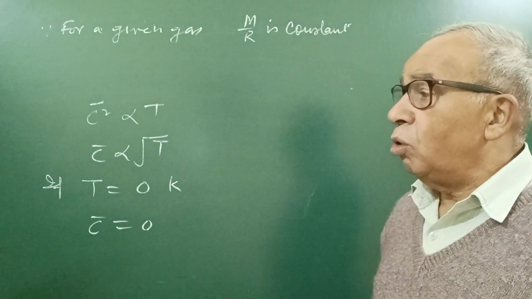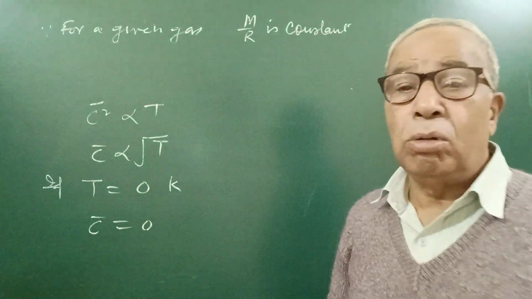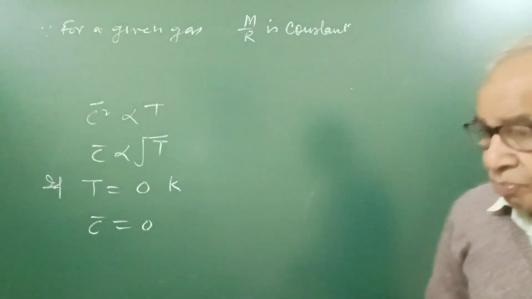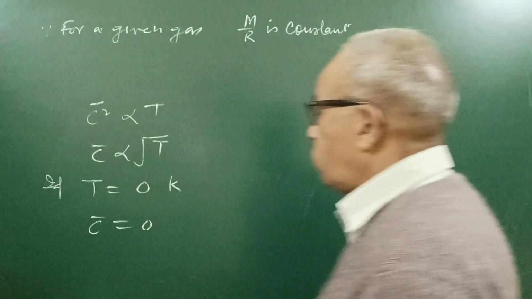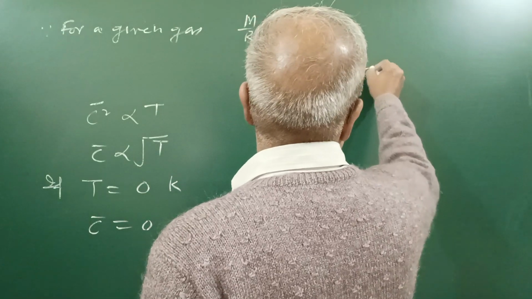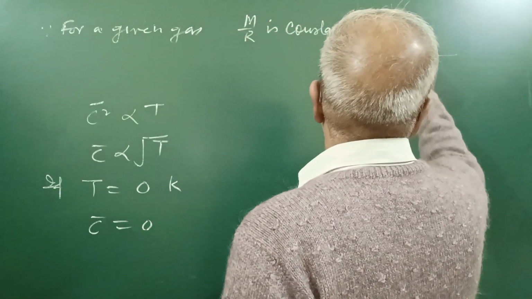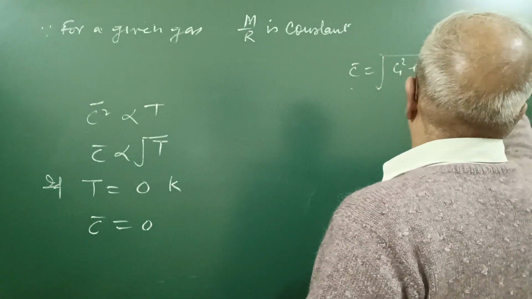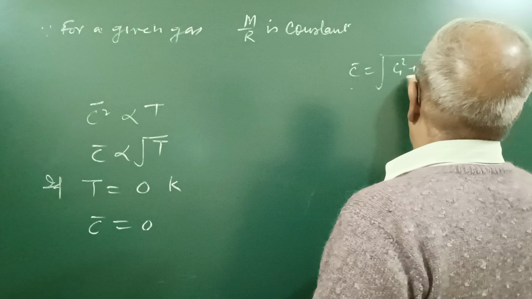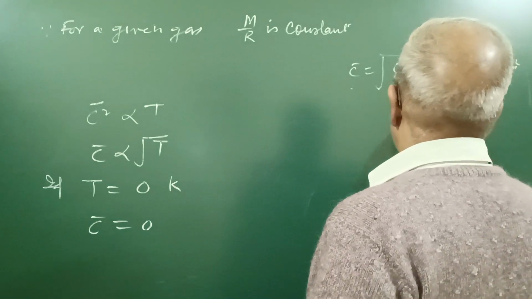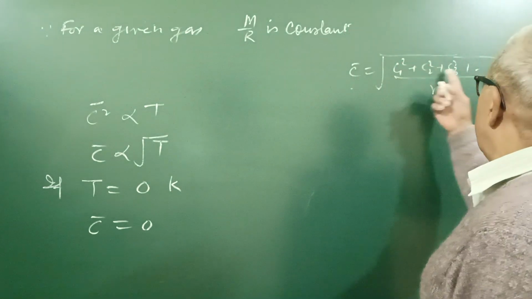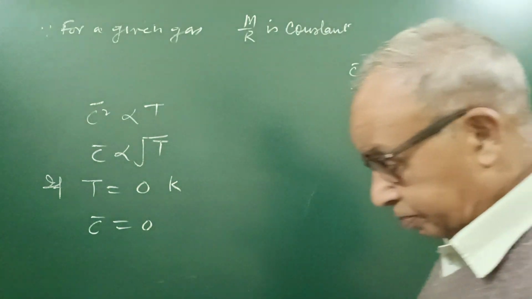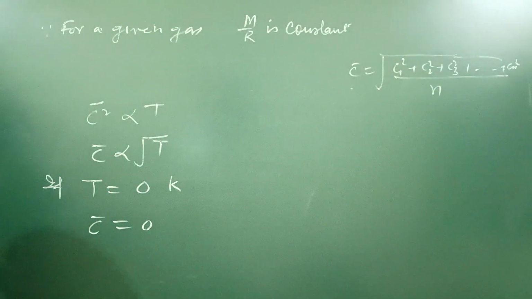It becomes 0 only if the motion of every molecule gets seized, because C bar is under root of (C1 square plus C2 square plus C3 square plus so on up to Cn square) upon n. If all these velocities are 0, only then C bar will be 0.